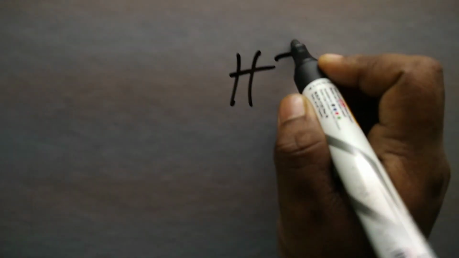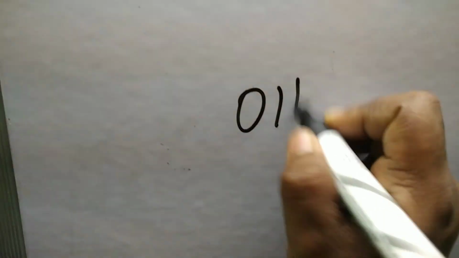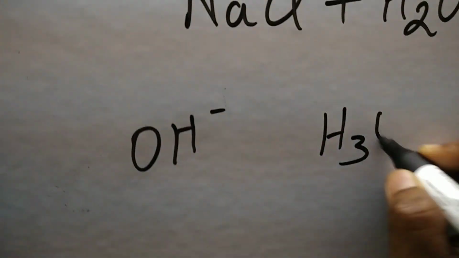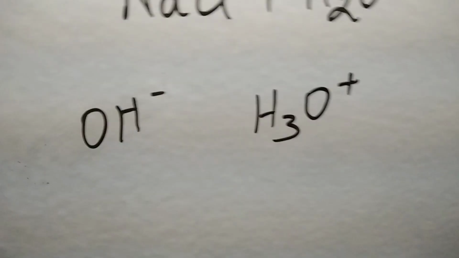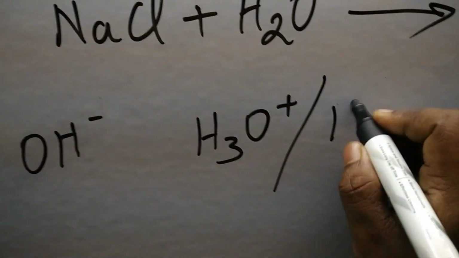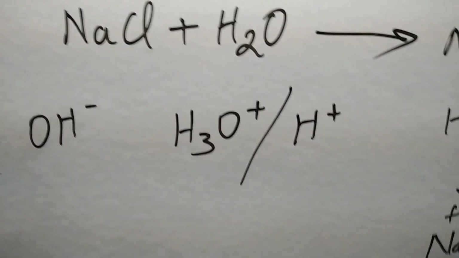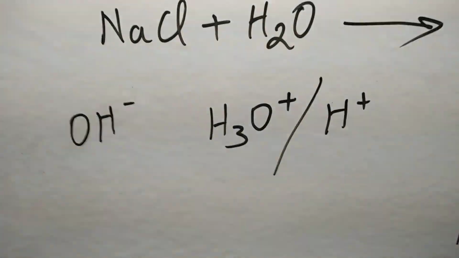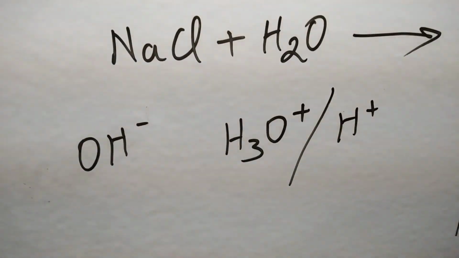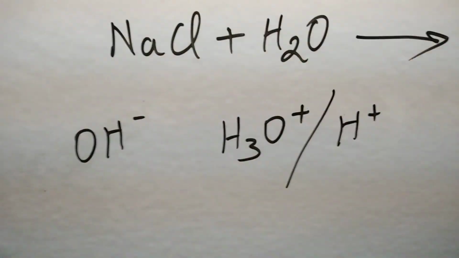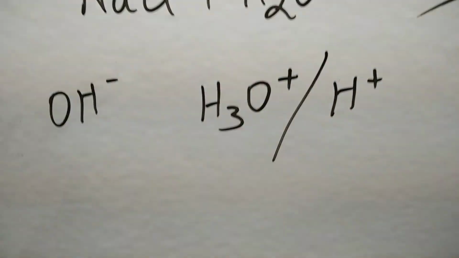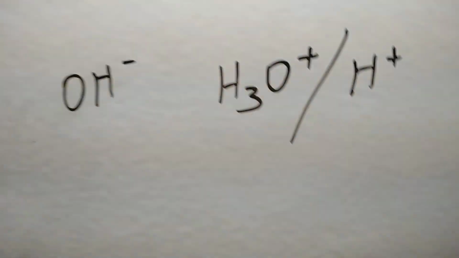It forms a hydroxide ion, that is OH-, and a hydronium ion, that is H3O+, or in short we write H+. Basically, we say that acid depends on H+ and base depends on OH-.